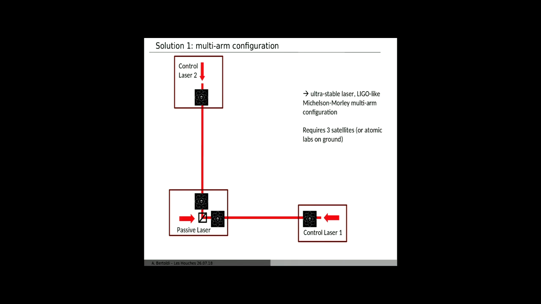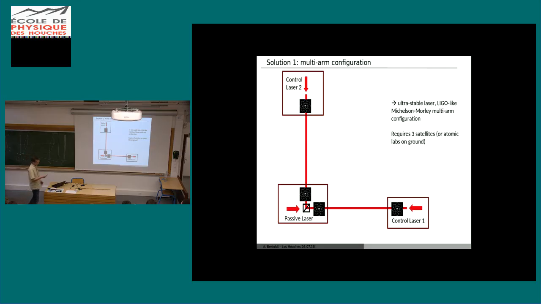The solution is to adopt a Virgo or LIGO-like configuration. So instead of making a single baseline device, make a 2 baseline cross orthogonal configuration. Now the photons are provided by 2 control lasers. These are the lasers whose noise is common mode rejected. This laser determines the pulses pi over 2, pi over 2, and so it gets imprinted in the same way on the 2 atomic wave functions.